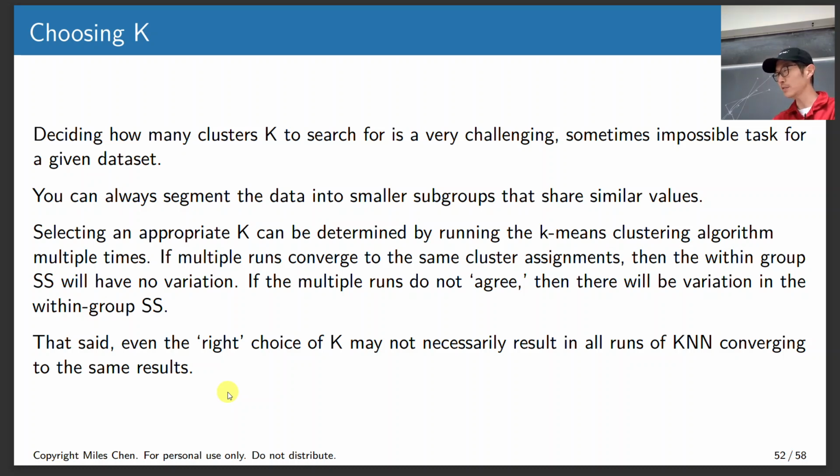This is an impossible question to answer, because you can always segment the data into smaller clusters, and if you do that, you will always eke out a little bit more, quote, R squared value, right? You can always reduce your within sum of squares by searching for even more clusters.